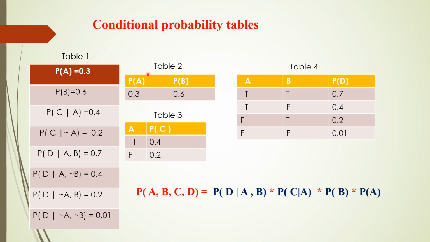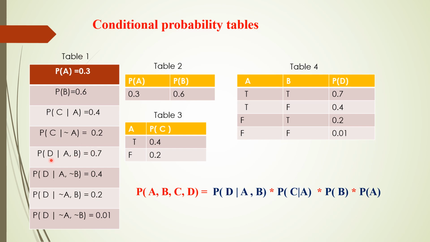And now let's see the conditional probability tables. See table 1: the nodes A and B are independent nodes, so we can directly compute the probabilities. Probability of A is 0.3, probability of B is 0.6, and the probability of node C dependent on node A is 0.4. Next, probability of node C not dependent on A is 0.2.